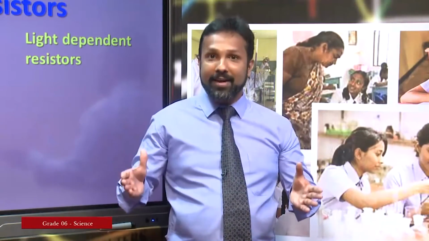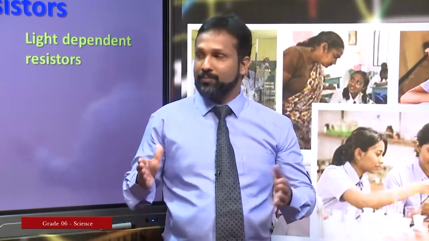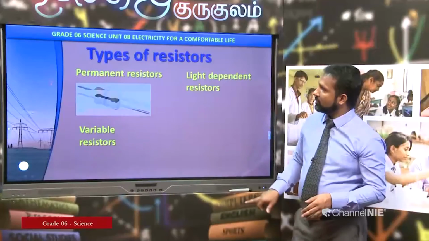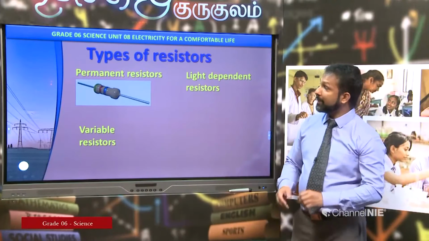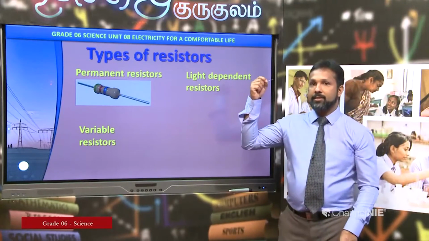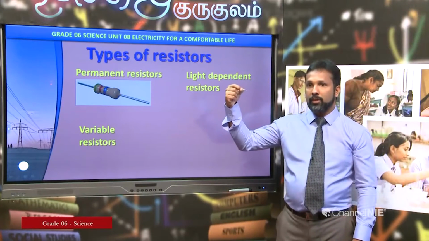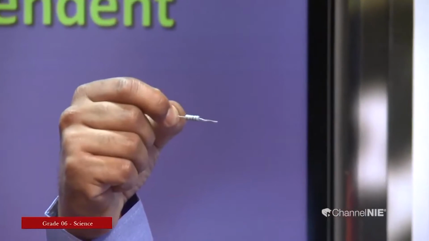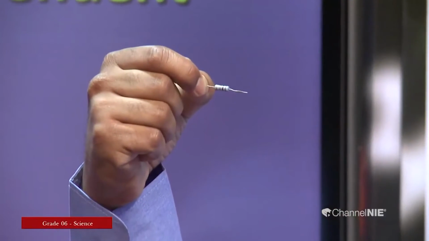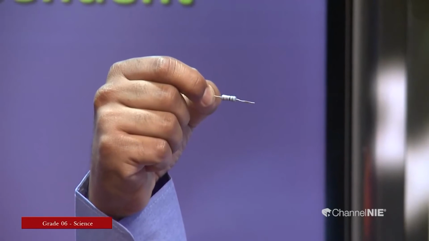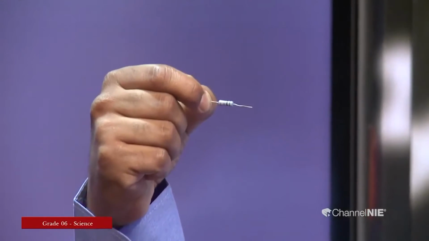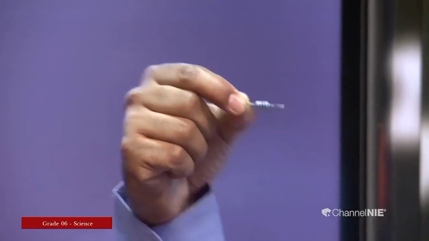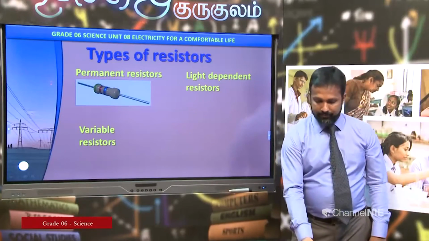It is a permanent fixed value. So, this is a diagram of a permanent resistor as I showed you earlier. There are color bands also, as you can see in this picture. Permanent resistors contain color bands. Right.